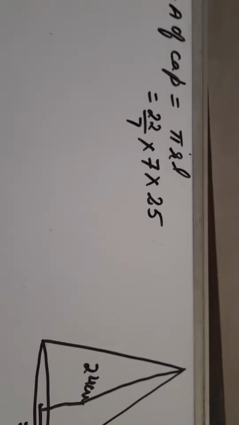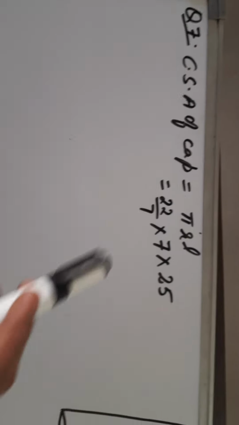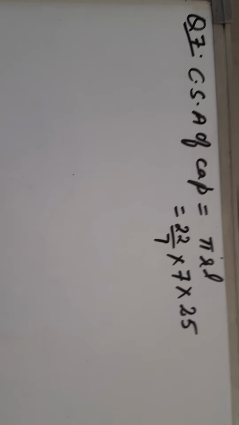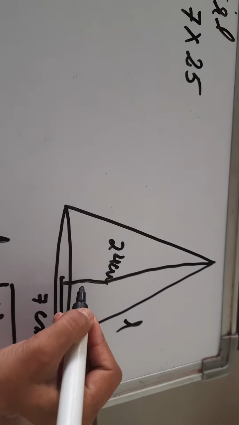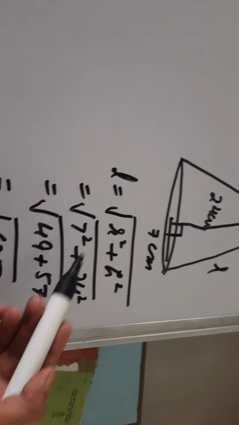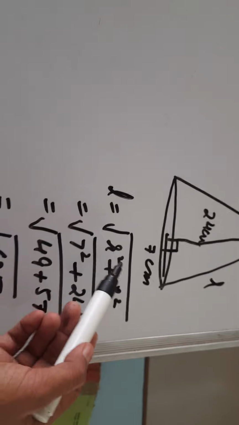So for that we need to find out the curved surface area of the cap. That will be pi r l, but because the slant height is not given to us in the question, we need to find it out by Pythagoras theorem, that is l is equal to square root of r square plus h square.